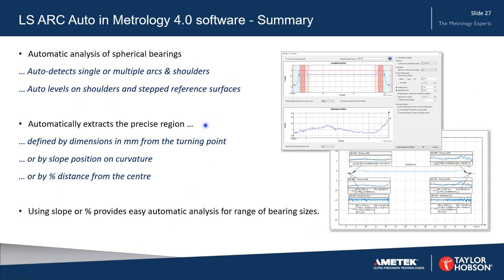We've seen how least squares arc auto analysis can automatically extract the precise region required with reference to the center of the arc. And this can be defined by dimensions in millimeters from this center, from the turning point, or by the slope or position on curvature, or by the percentage difference from the center.